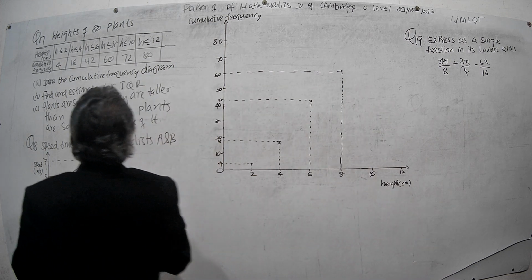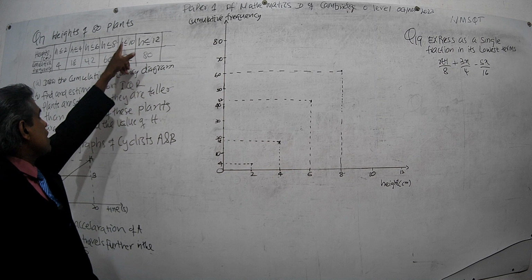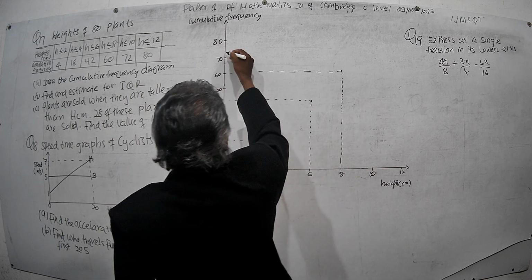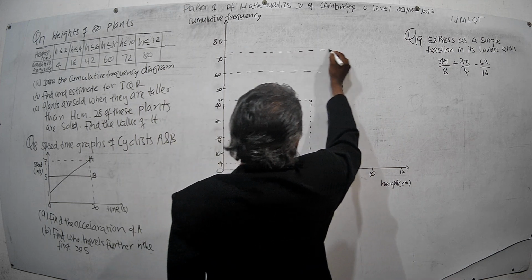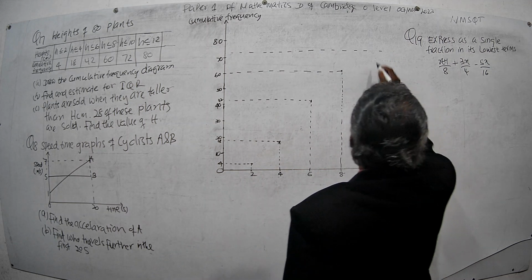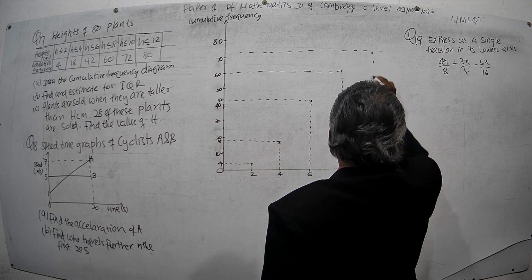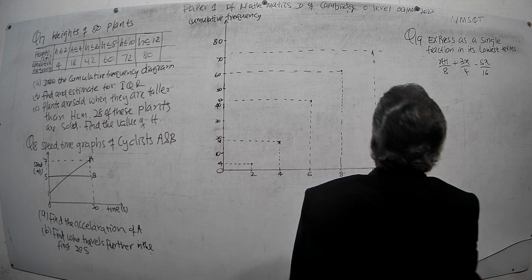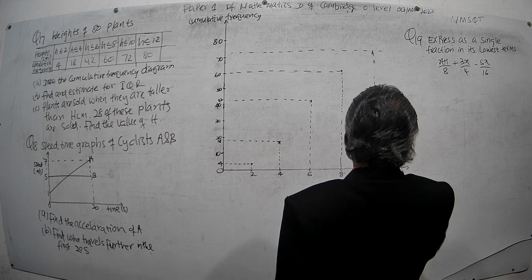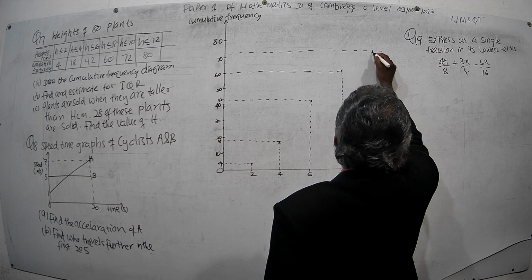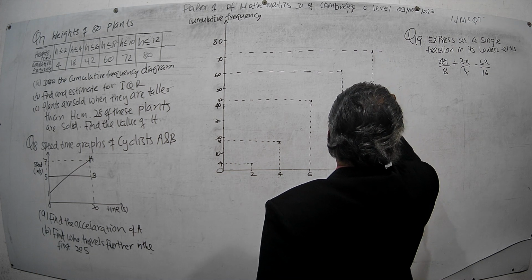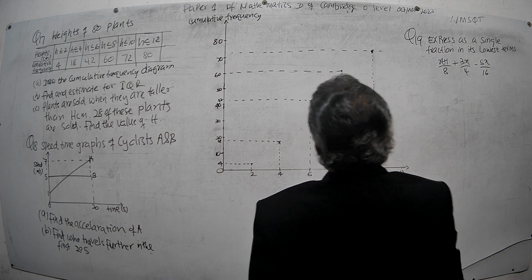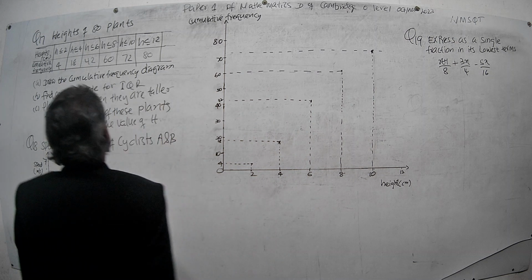Then when the height is 10 or less than 10, the cumulative frequency is 72. 72 is somewhere here. This is 72.